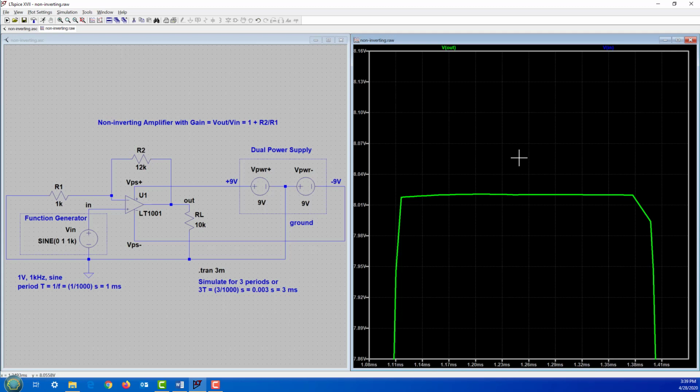You can see that it's probably 8.0-something volts. If you're not sure, you can just take your cursor and place it. I'm not pressing the left mouse button. I'm just moving the cursor over to this area and placing it at that level, and looking to the lower left. It says Y equals 8.019 volts. About 8.02 volts is where the plus side is, as far as the max is concerned.